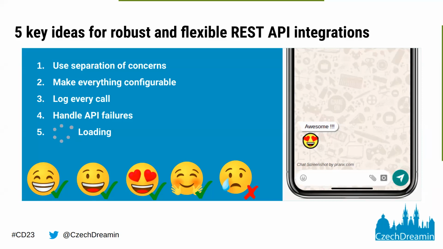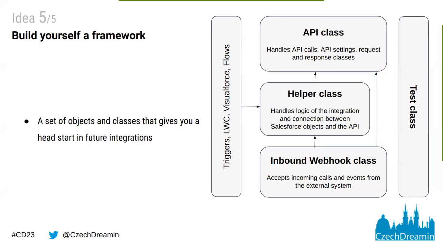Will I have to go through all this the next time I'm implementing a REST API? Well, hopefully not. Hopefully I've learned from all this, and I want to start my next integration with a head start. So that's the 5th idea, which helps me more than the customer, and that is to build myself a framework that contains all these ideas by default whenever I start a new integration.